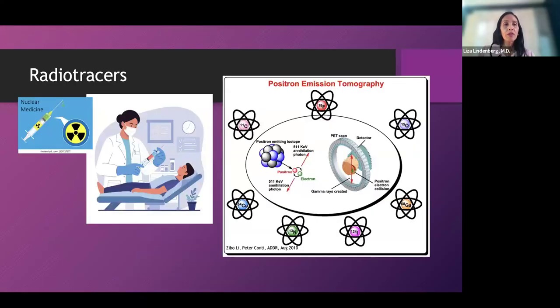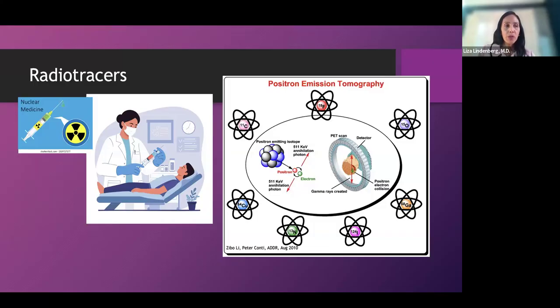So PET involves a radiotracer, like what we just saw there, the molecular aspect to it, and it's injected into the patient's bloodstream. Once the radiotracer accumulates in the body's tissues and organs, its natural decay includes emission of tiny particles called positrons that react with electrons in the body.